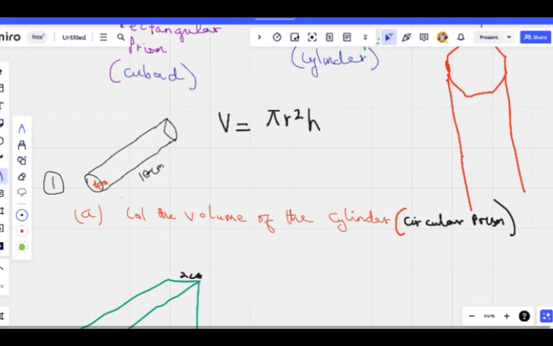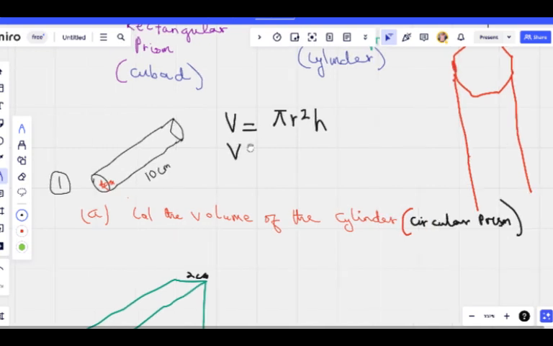So to calculate the volume of this cylinder is simply to substitute the values into this formula, which is pi. We can choose the value of pi to be 3.14. Then multiply by the radius.